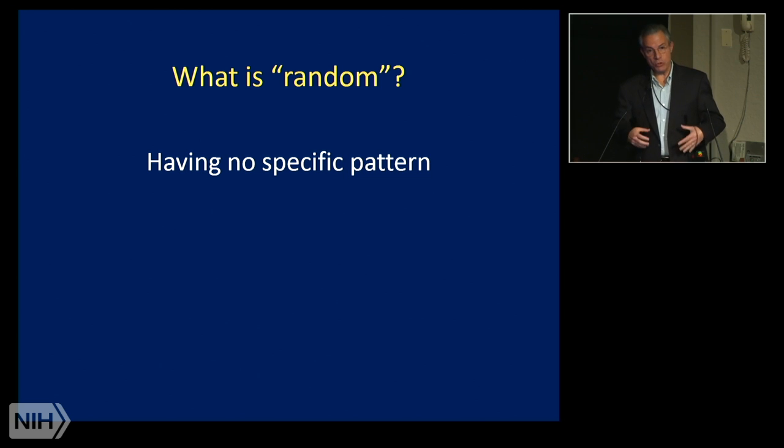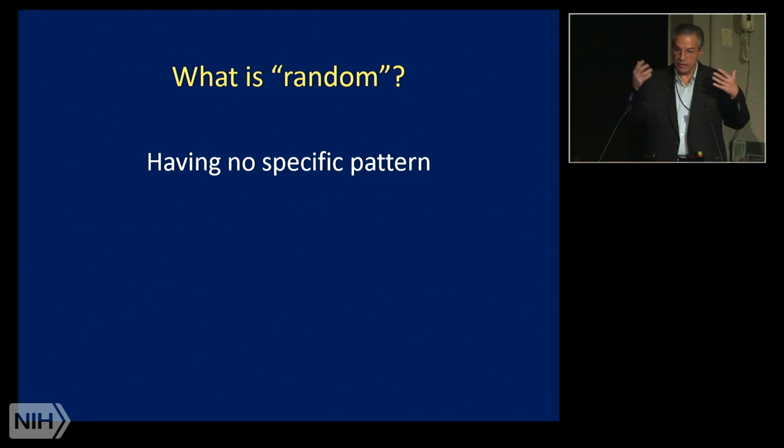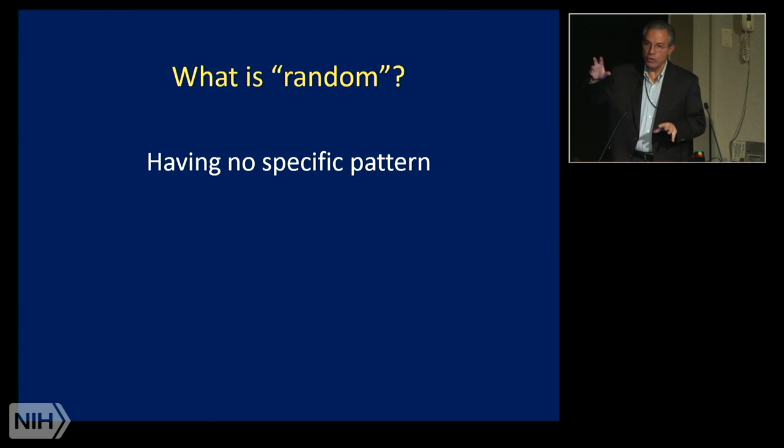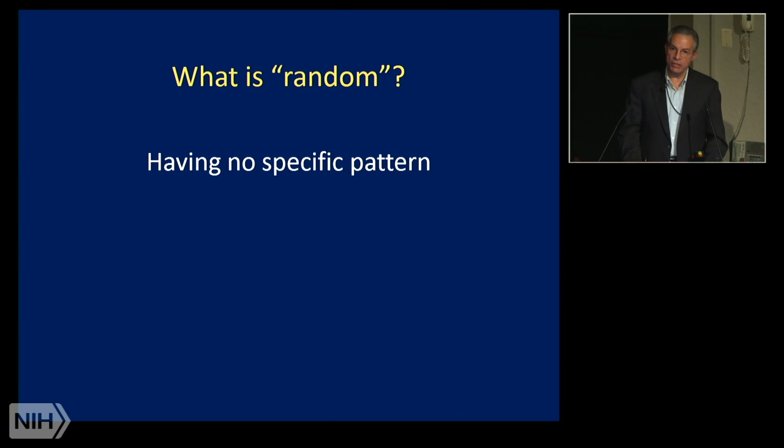Random is having no specific pattern. In other words, a pattern is like alternating zeros and ones. That's a pattern. Or the first two go to treatment A, and then the third one ends up in treatment B. That's a pattern. Or, traffic is particularly good on Friday mornings, and that's a pattern.